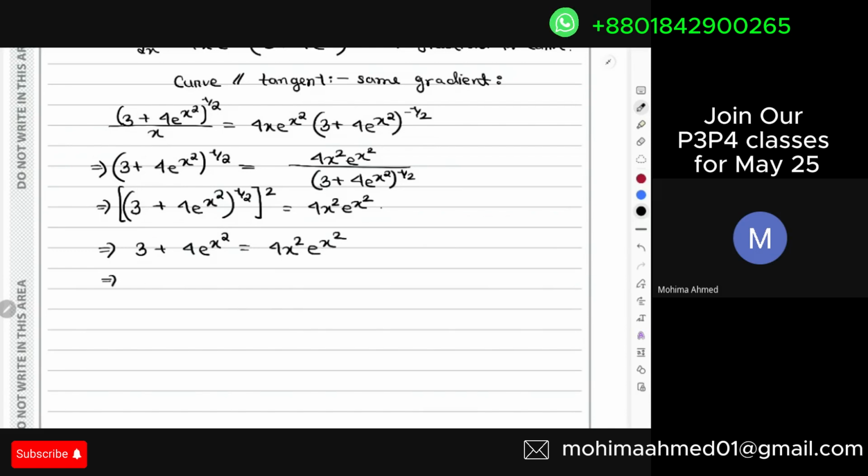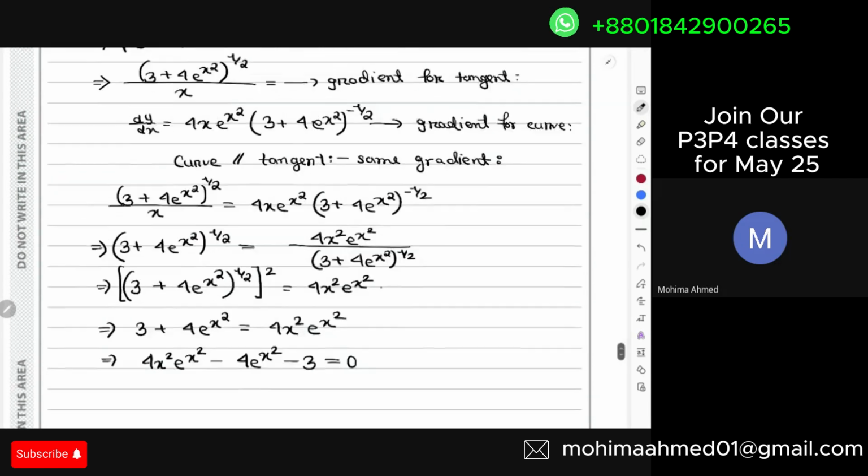So we'll finally write this equation as 4x² e^(x²) - 4x² - 3 equals 0, right?